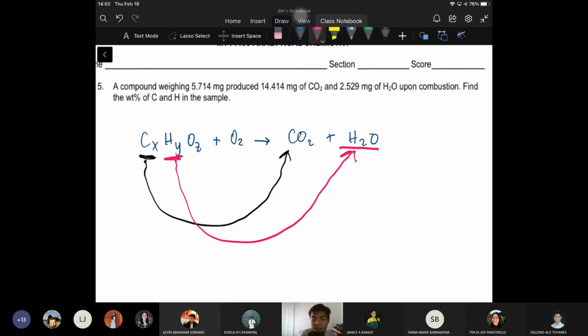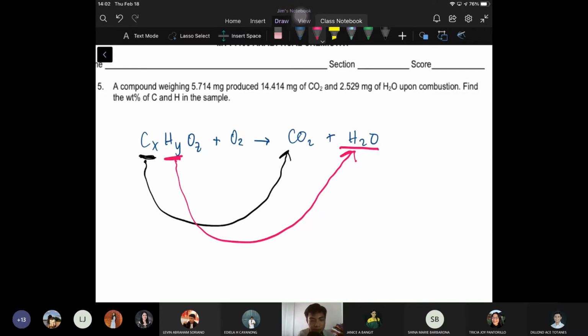So, in the volatilization method, what happens is that the carbon from your matter is converted to carbon dioxide. And your hydrogens are all converted into water vapor, or water molecules.